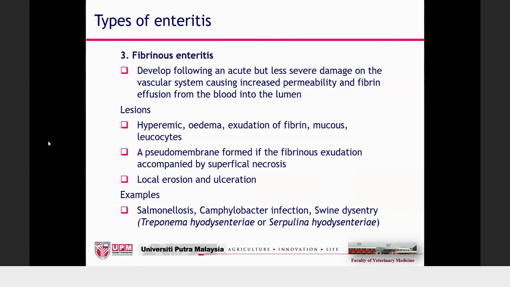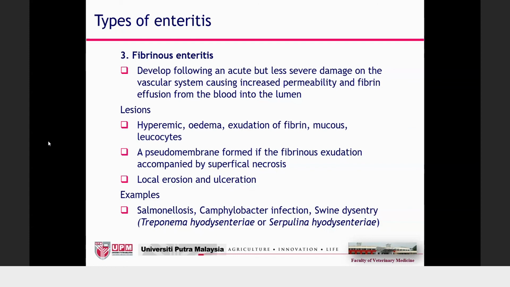Okay. In cases of fibrinous enteritis, please remember the main concept is that the fibrin actually comes from the blood vessel. So in this case, the blood vessel is less damaged and becomes dilated. As a result, fibrin will escape from the blood vessel.